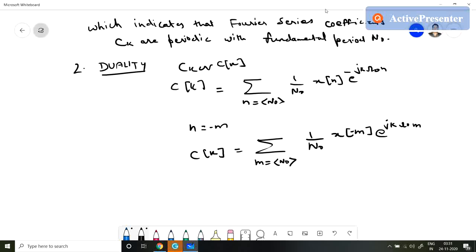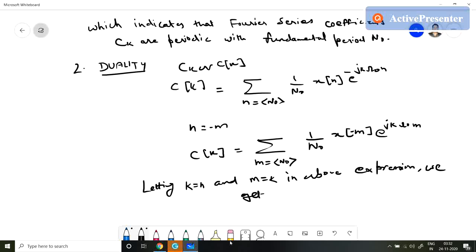Now if we let k equal n and m equal k in this expression, we get C of n equals the summation over the range of N naught, with variable k, of 1 divided by N naught x of minus k e raised to the power jk omega naught n.